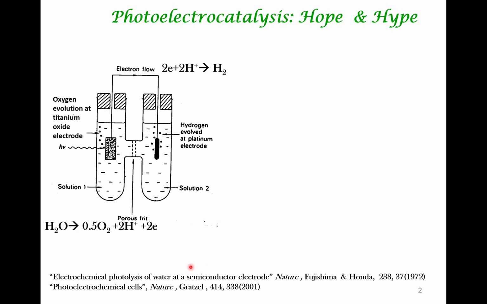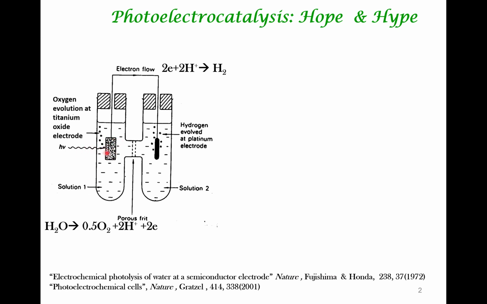So this work, the experiment looked fairly simple, right? Look at the setup. It is a fairly simple setup, at room temperature, just water, and titanium dioxide is readily available. In this setup, there is sunlight on this electrode.